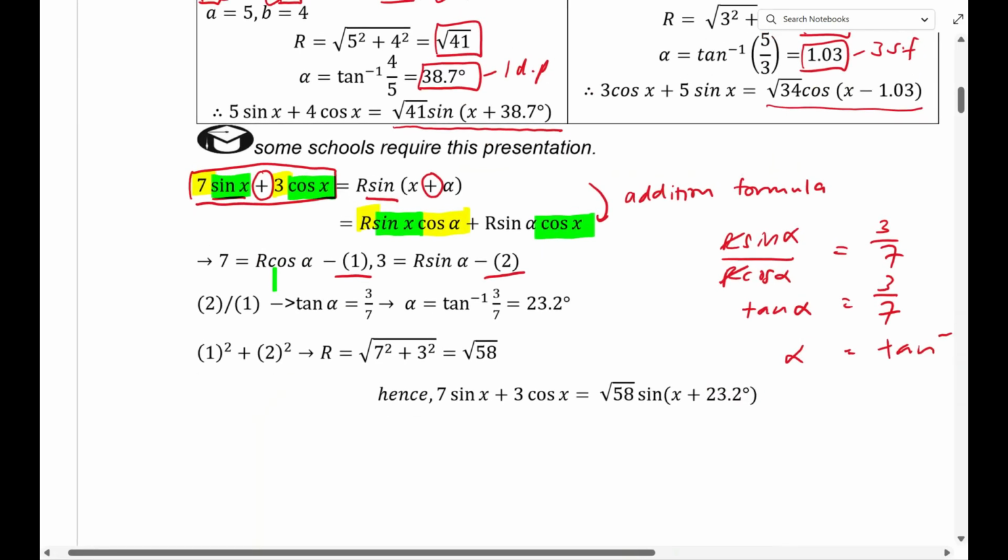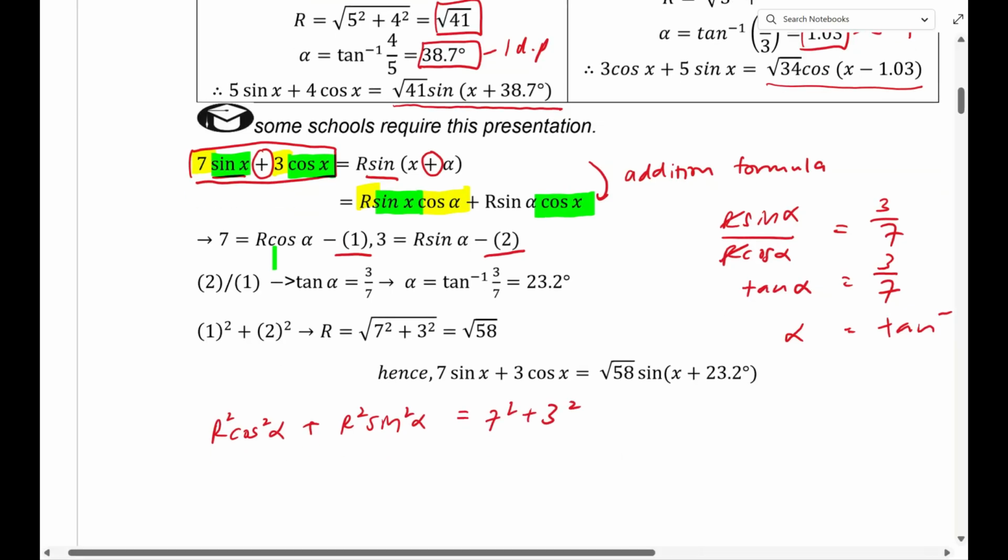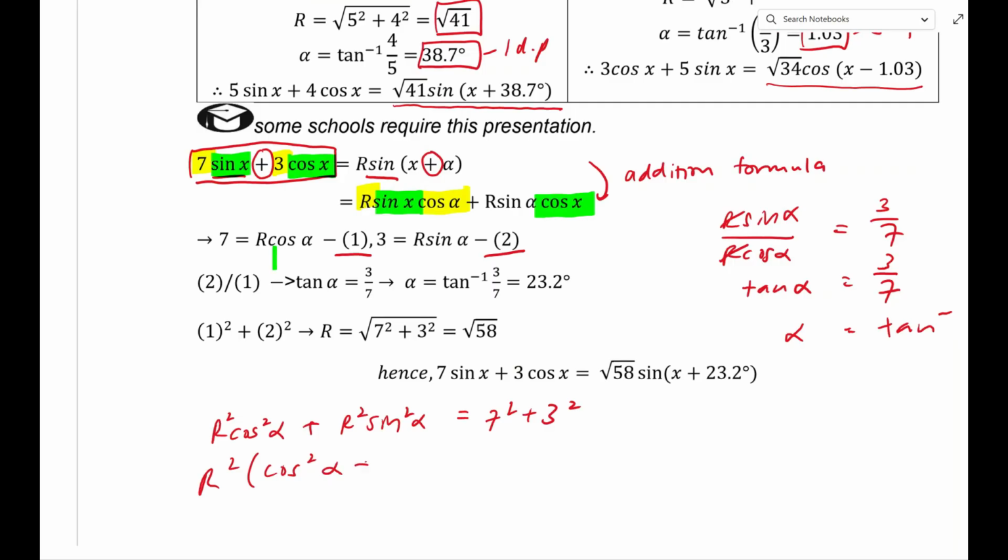And then for our r value, we will do equation 1 square plus equation 2 square. Why? Equation 1 square means you get r square cosine square alpha plus r square sine square alpha equals 7 square plus 3 square. Now you can factorize out r square from the left hand side, which will leave us cosine square alpha plus sine square alpha in the bracket.